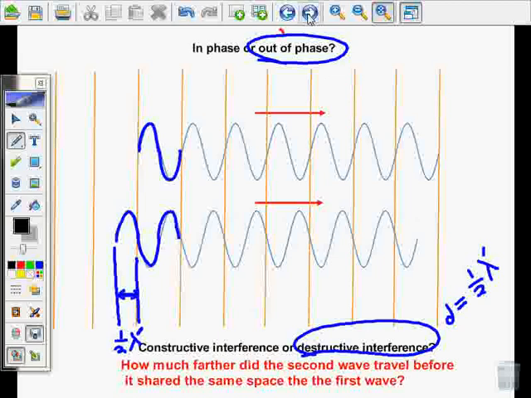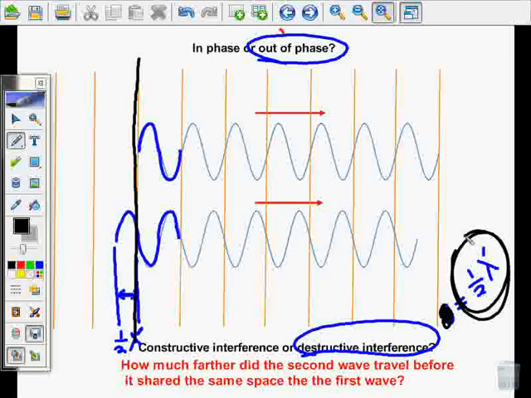This one here, if this is the starting line right here, the lower wave had to travel an extra distance first before it joined up with the other one. How far did it have to travel? A half a wavelength. Did that lead to constructive interference? No, that led to destructive. See how they're out of phase?